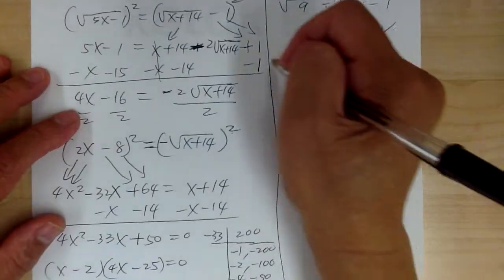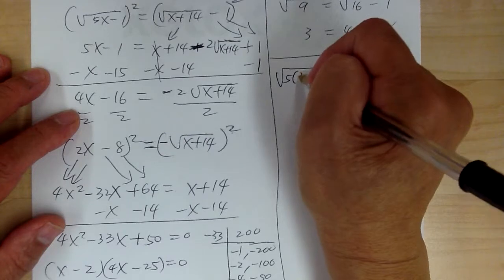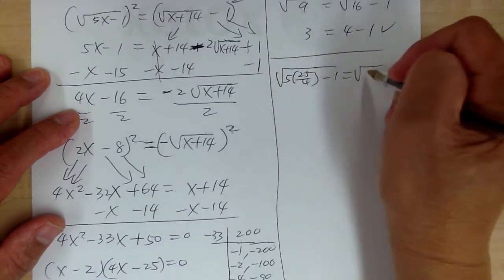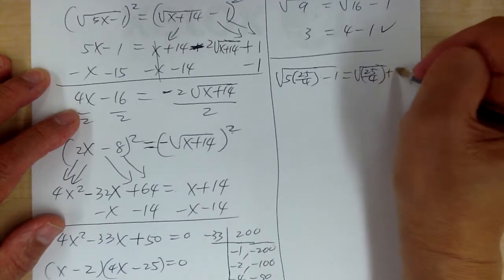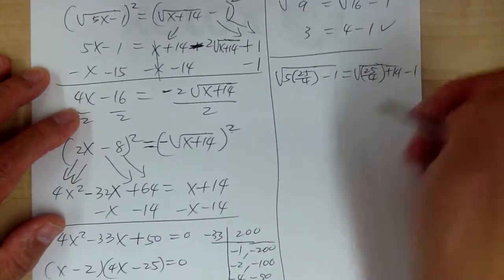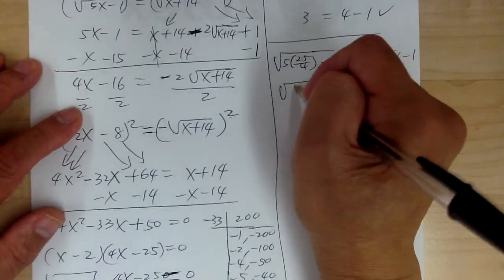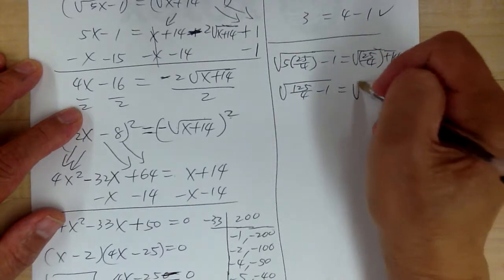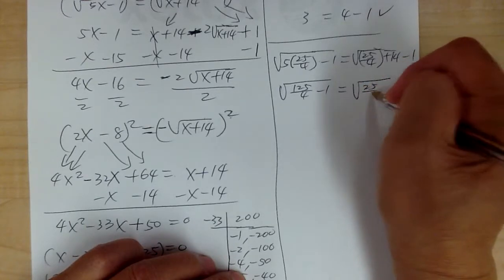Check the next one. Square root of 5 times 25 over 4 minus 1 equal to square root of 25 over 4 plus 14 minus 1. So this one I will get square root of 125 over 4 minus 1 equal to square root of, okay, I'm going to add this together.